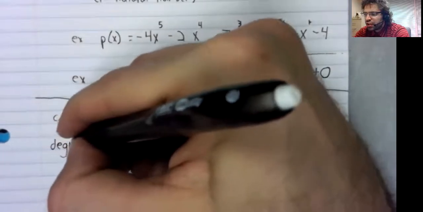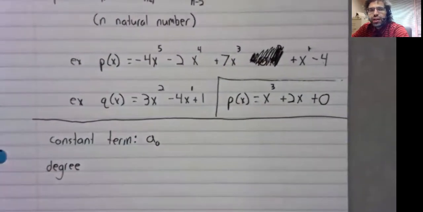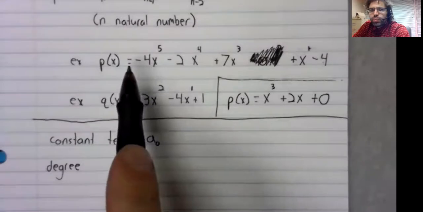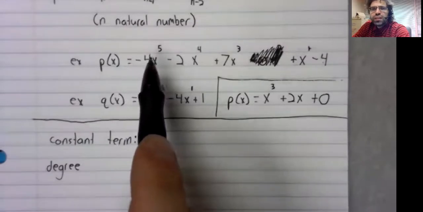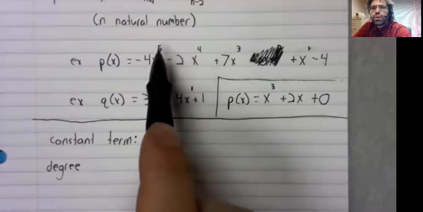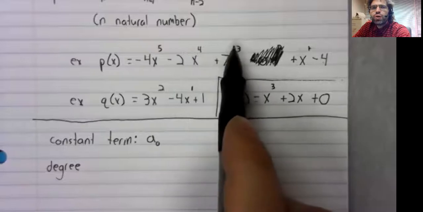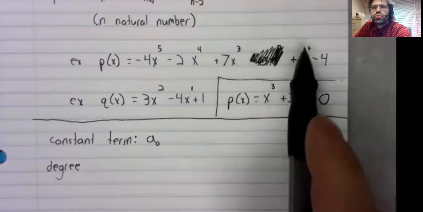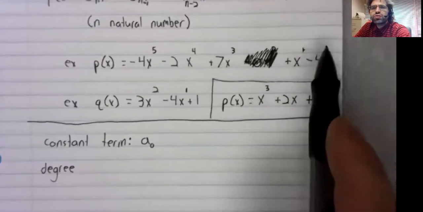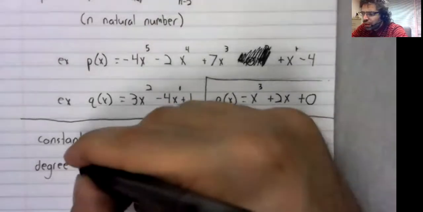And every polynomial has a degree. If we look at a polynomial, say this one, x is being raised to powers, x to the 5th, x to the 4th, x cubed, x to the 1st, and then that constant term.